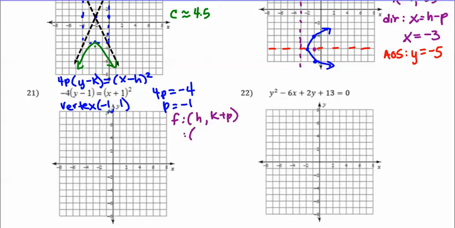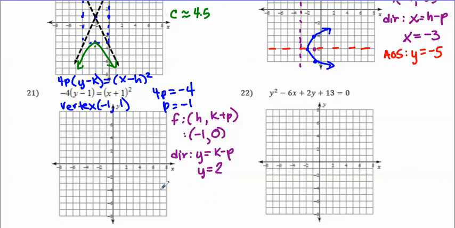So my h stays the same at -1, and my y value here is going to be 1 plus -1, which is 0. For the directrix, I'm going to use y equals k minus p. Alright, so that will be 1 minus -1, which becomes plus, so that's y equals 2.